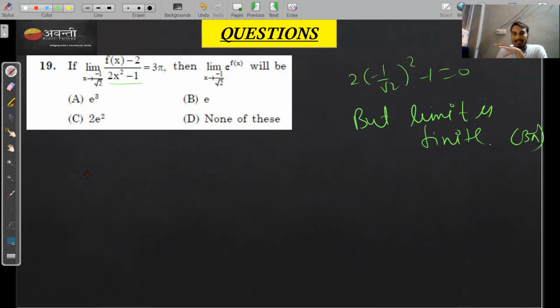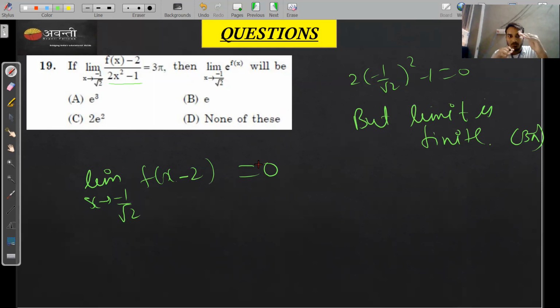So the only way this can become 3 pi is if my numerator limit should be 0. It implies limit x tends to minus 1 by root 2 of f of x minus 2 should approach 0.